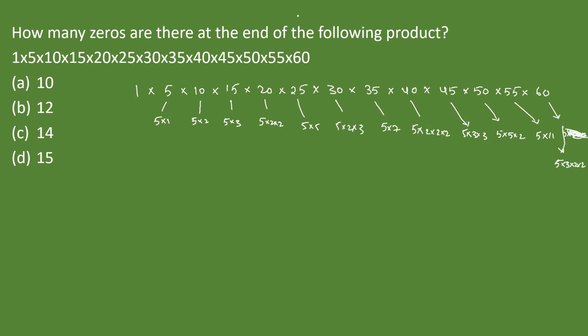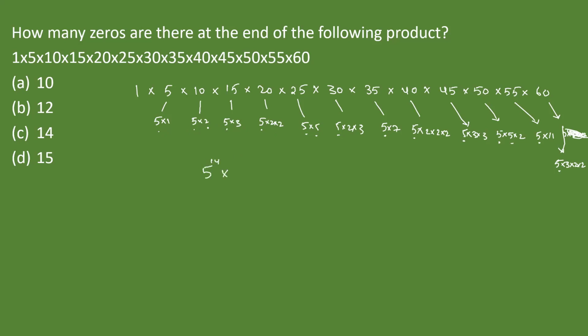Now please observe this question. There is no rule that in each and every case the 5s will be minimum. There will be some cases where we may also have 2s in a minority. For example, see here, check how many 5s are there. 1, 2, 3, 4, 5, 6, 7, 8, 9, 10, 11, 12, 13, 14 5s are there. 5 power 14.